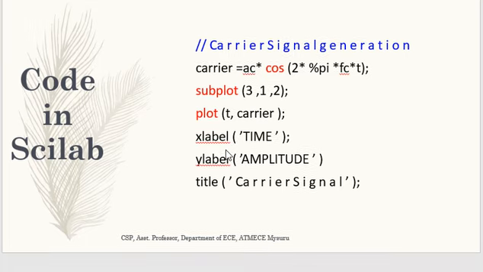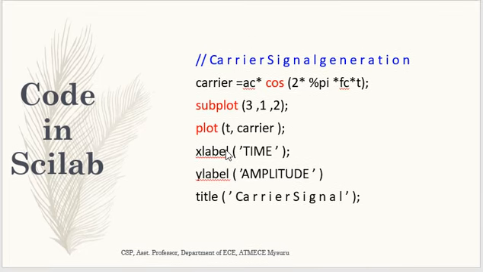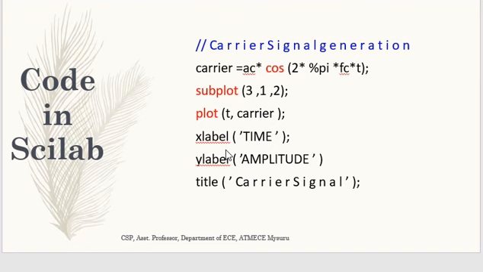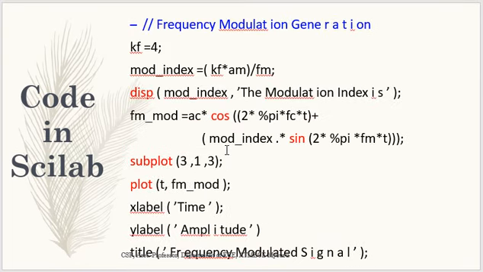After plotting this carrier frequency, next we are going to do the frequency modulation. In this frequency modulation we require a modulation index, which is given by mod underscore index, and that equation is kf into Am divided by fm.